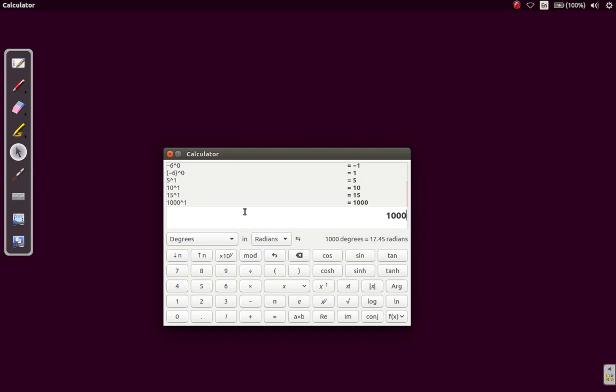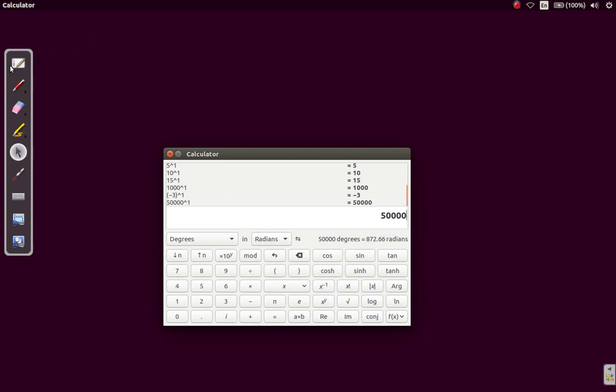We get 1000, the same 1000. Suppose we try negative 3 raised to the power of 1. What do we get? We get the same negative 3. 50,000 raised to the power of 1, we get the same 50,000.